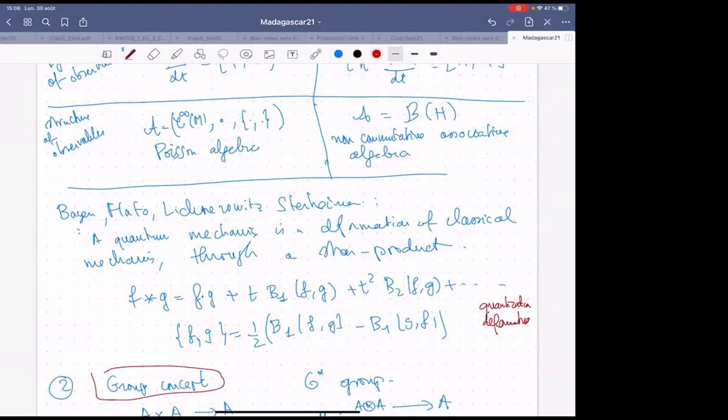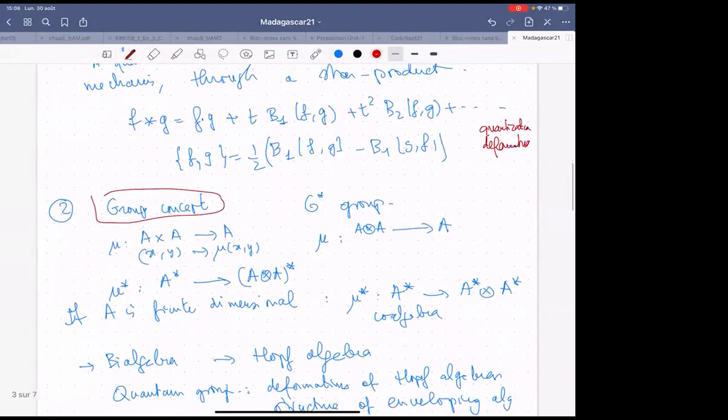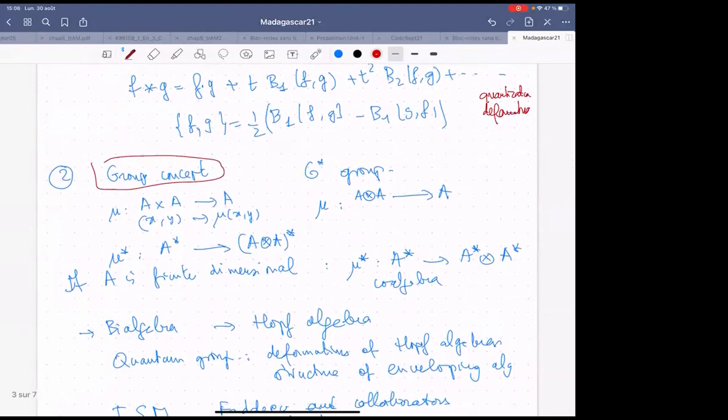This was done, for example, for symplectic manifolds and completed by Kontsevich, who showed how to construct, given any Poisson algebra, a star product, which means a deformation, using some graphs, etc. This is one thing, and I also talked about Hopf algebras.